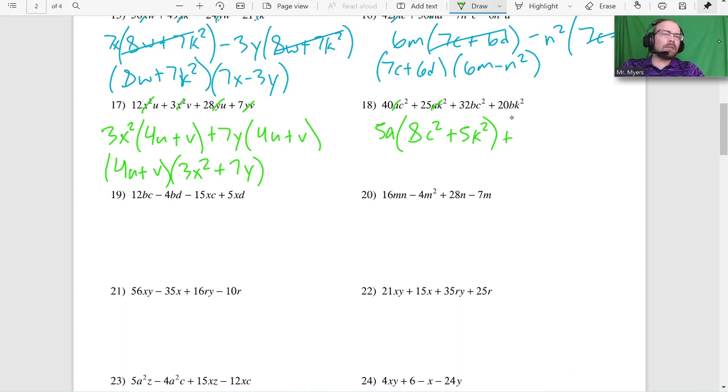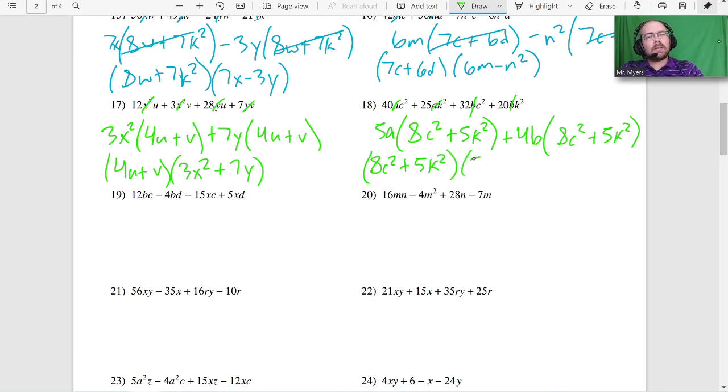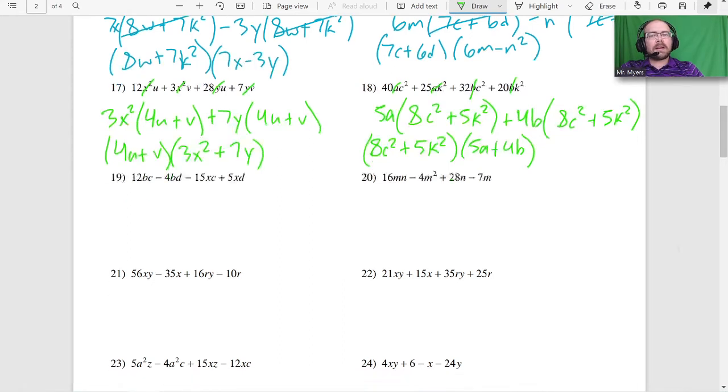No, 4? Yeah, looks like 4. So 4b. The b's cancel. 32 over 4 is 8c squared plus 5k squared. 8c squared plus 5k squared, and 5a plus 4b. And there we go.